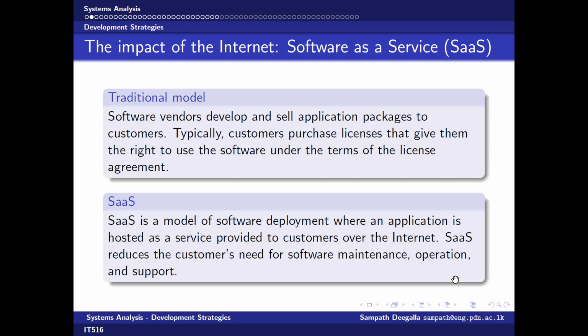The software as a service model is slightly different. It is hosted as a service provided to customers through the internet. The advantage the customer gets is that they don't have to maintain, operate, or support the software. Everything is taken care of by the service providers.